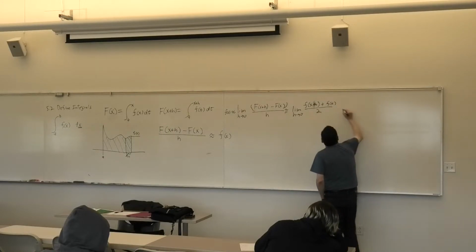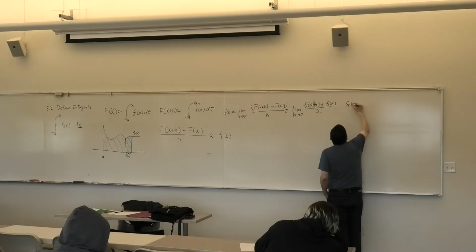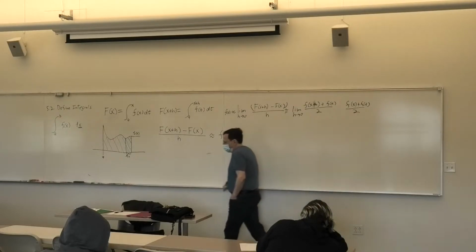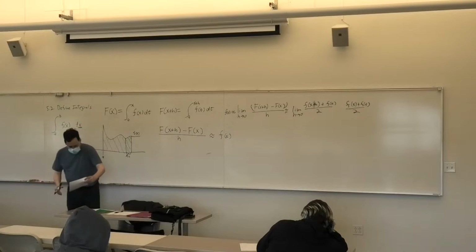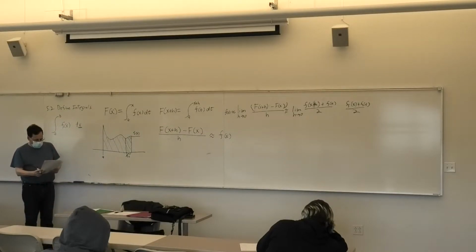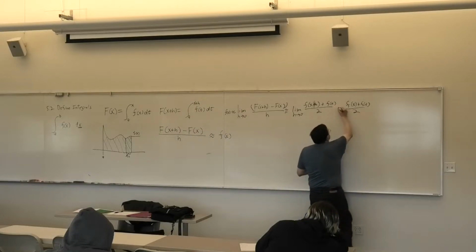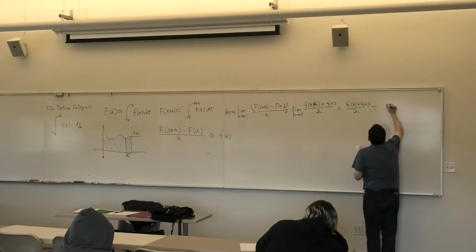So what is this? This is f of x plus f of x over 2. I hope I got the constant right there. Yeah. This is just f of x.